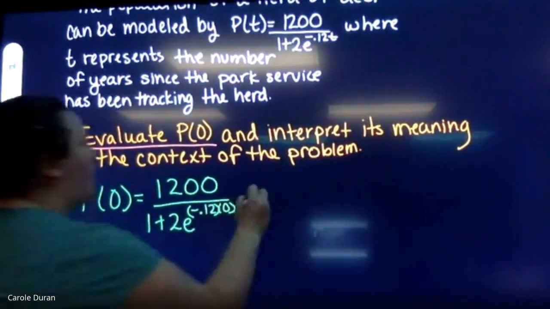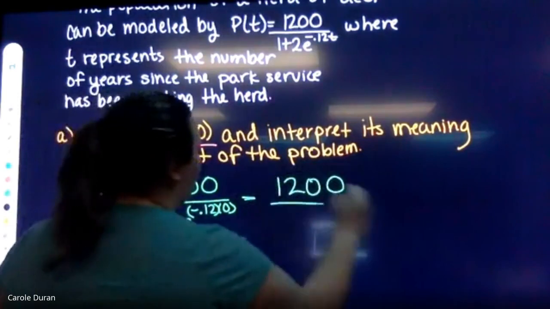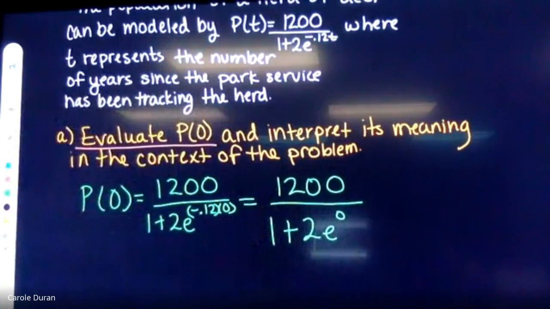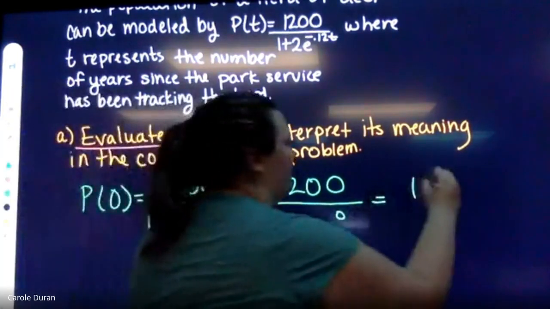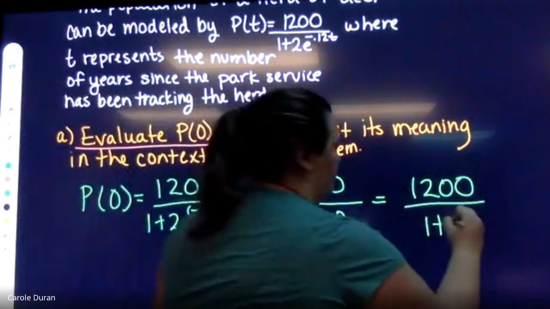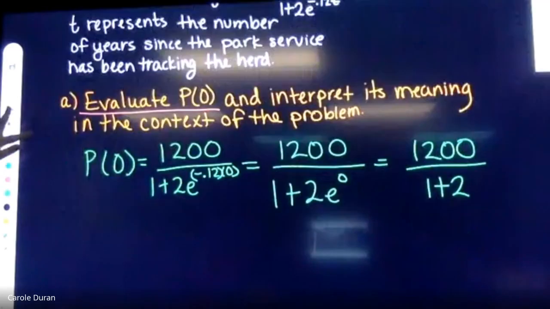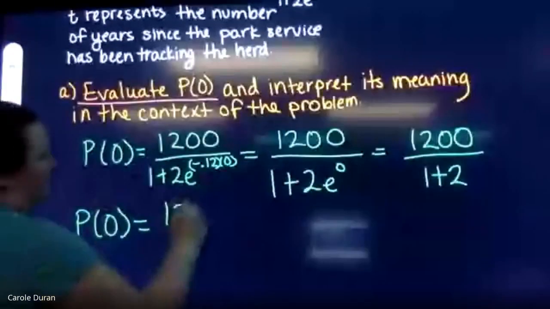So then this becomes 1200 over 1 plus 2e to the 0 power. What's e to the 0 power? 1. What's 1 times 2? 2. So then that becomes 1200 over 1 plus 2. What's 1 plus 2? 3. And then I do 1200 divided by 3, and you get 400.